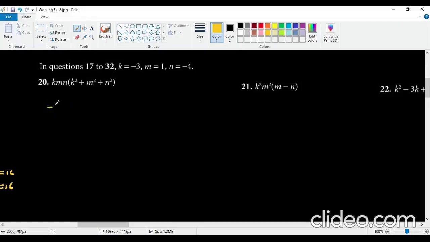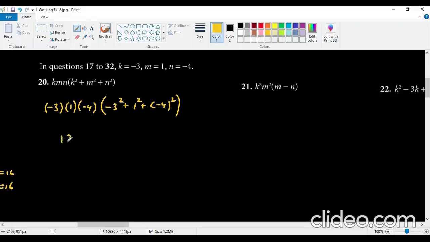Now comes the value of k, which is negative 3, multiplied by the value of m, which is 1, and the value of n is going to be negative 4. This will be outside the bracket, and inside the bracket you have k, which is negative 3 square, plus m value, which is 1 square, and plus n value, which is negative 4 square.